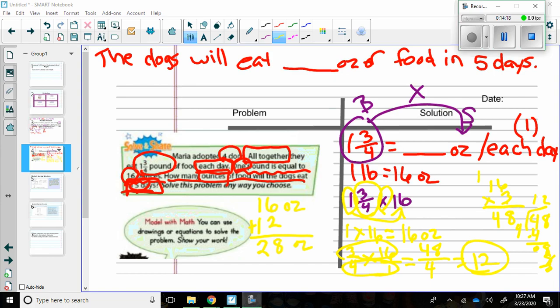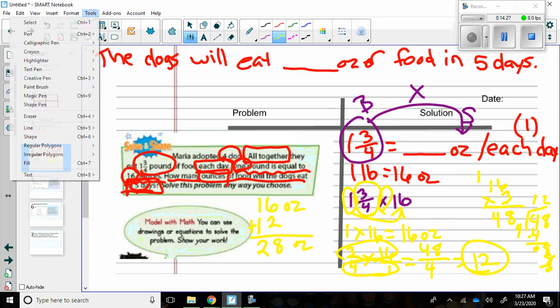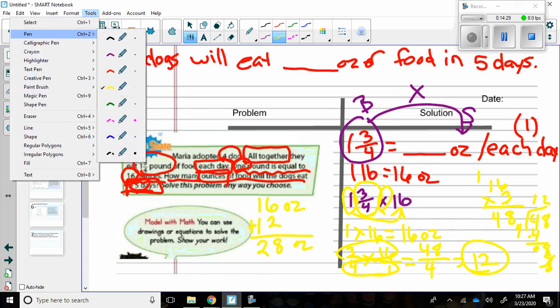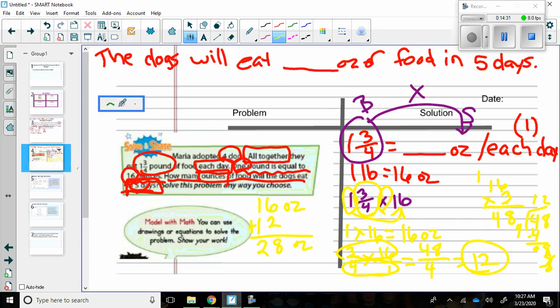I now know that 1 day's worth of dog food is 28 ounces for the day. But the second part of the problem is asking how many ounces of food they eat in 5 days.